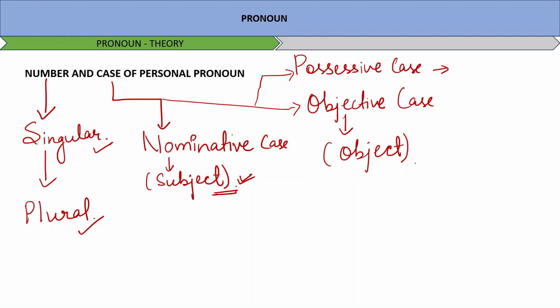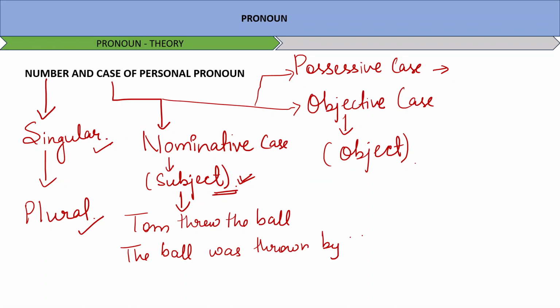I'll give you some examples so that you are able to relate. If I say Tom threw the ball, and if I say the ball was thrown by Tom, who is the doer of the action in both sentences?